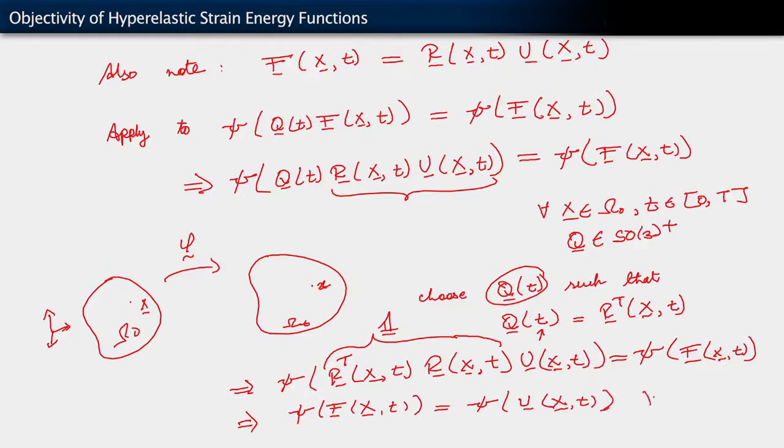This holds for all x belonging to omega naught and t belonging to the interval of interest. Okay, so let's recall how this argument went.